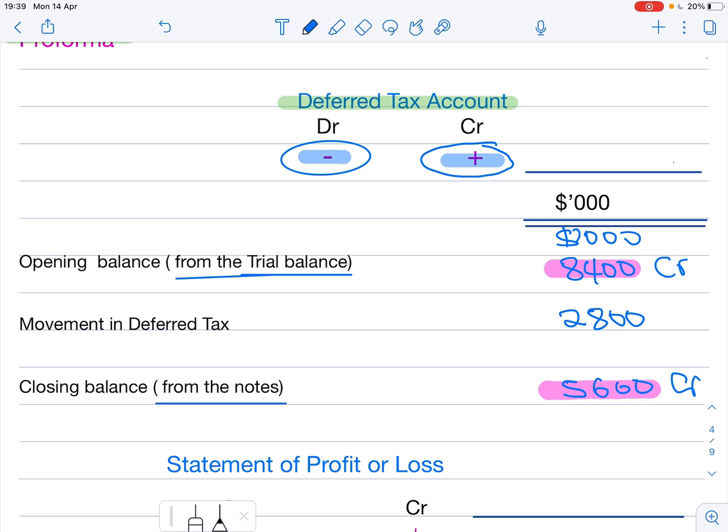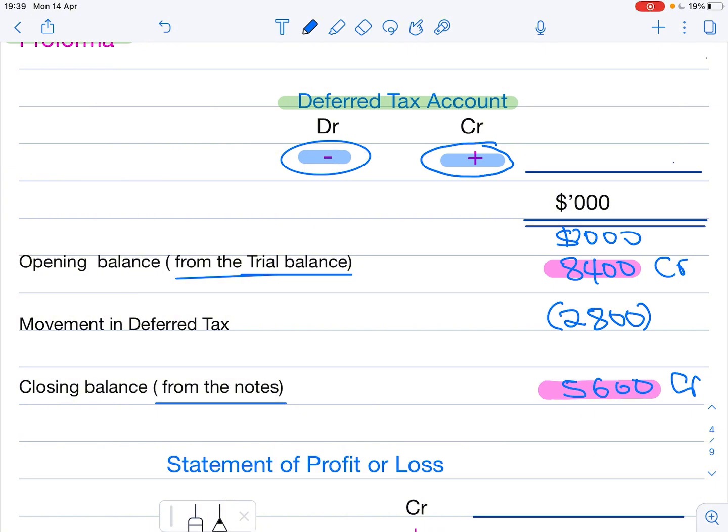But hold on a moment. Would you agree that this 8.4 reduced to 5.6? And how can your 8.4 become 5.6? That means this 8.4 must have been reduced by 2.8.